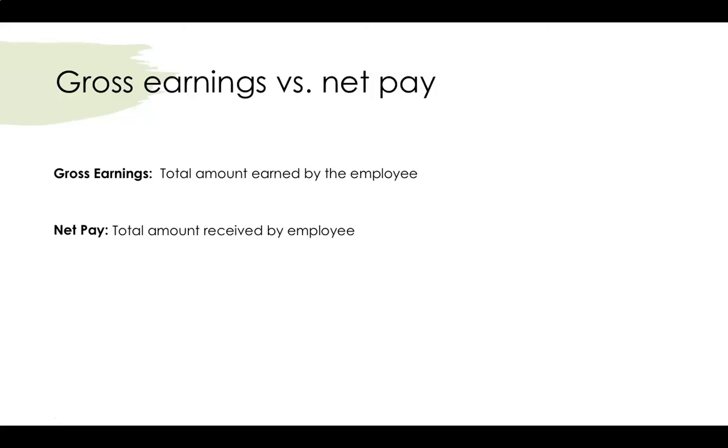So earnings, think of that as just the number of hours that you work times your hourly wage, right? But that's not the amount that you actually get on your paycheck. On your paycheck itself is going to be your net pay amount. So when you are recording this from the employer point of view, gross earnings, that's going to be your salaries expense, right?